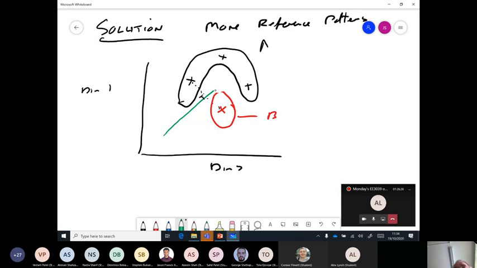We will then have a decision surface, which will be the midpoint between this and this. And as I move out here, this pattern takes over. And we end up with a decision surface like that. And what this gives us is a piecewise linear surface. And it will solve the problem.